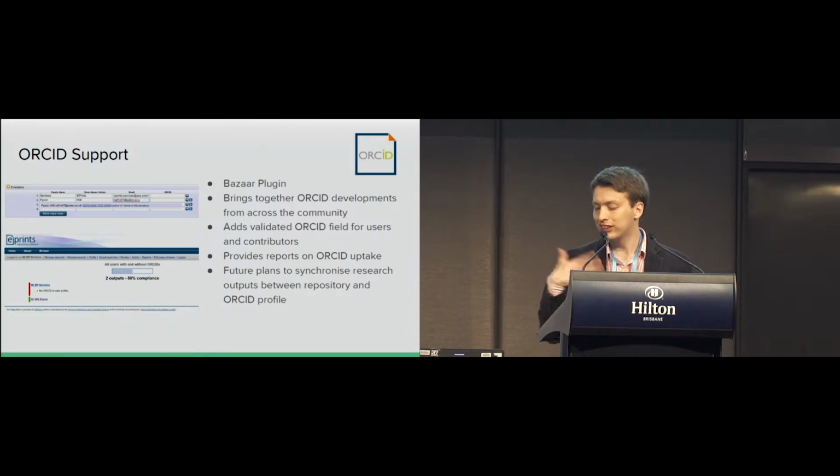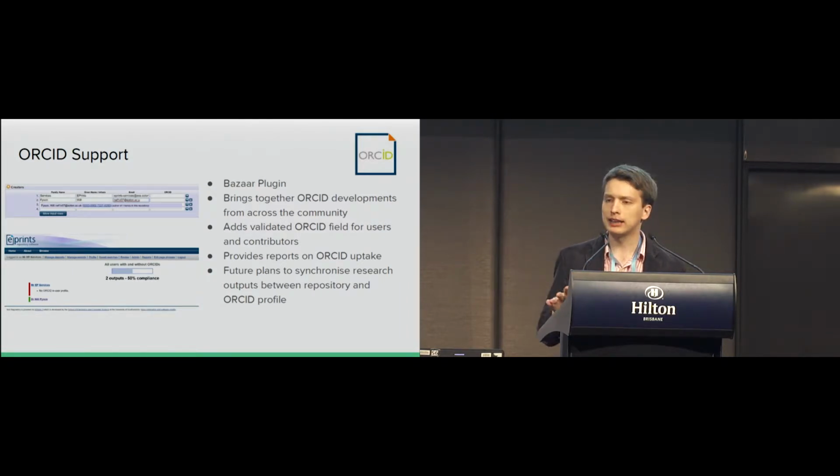So I'll go through a few recent developments we've been working on. One of them is the ORCID support plugin that I mentioned earlier. This is a Bazaar app that adds all sorts of ORCID functionality. There's been a lot of input from the UK user group here, where they were very clear on what they wanted about ORCID. Not only do they want to store ORCIDs for their users and their authors, but they also want lots of reports on the kind of content being stored, so that administrators can know who in the repository does and doesn't have an ORCID registered by their name.